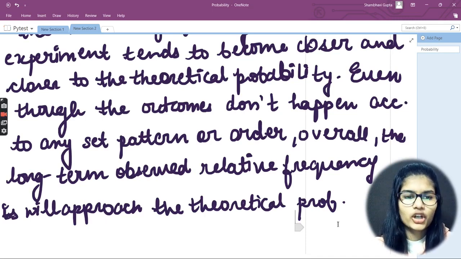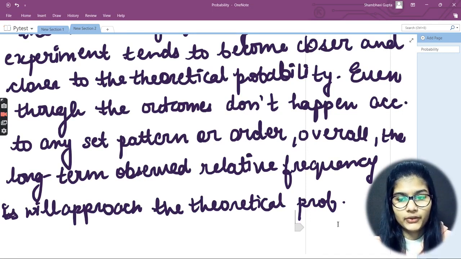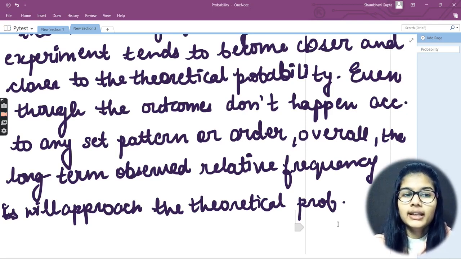If I write empirical or if I write observed, the meaning would be absolutely the same. Right here I simply used long-term observed relative frequency, but instead of that I could simply use long-term empirical relative frequency. So empirical is only used instead of observed. Do not get confused by that.